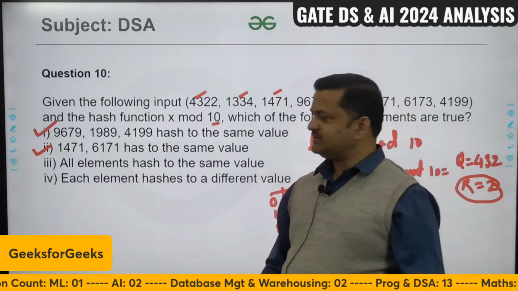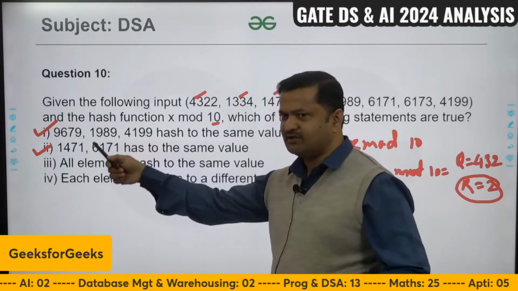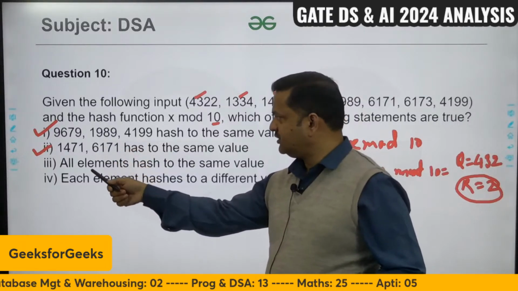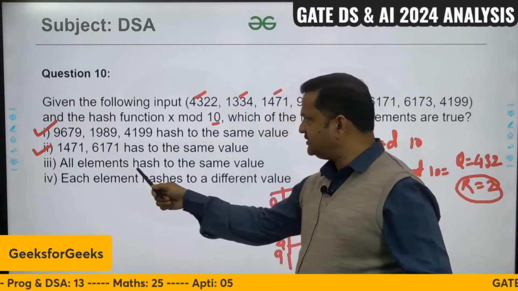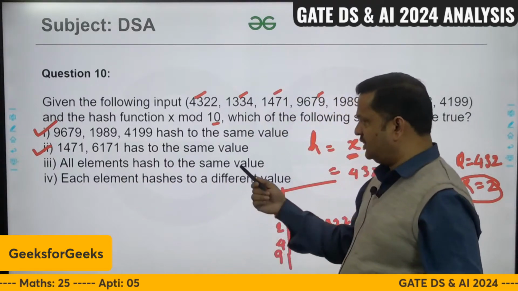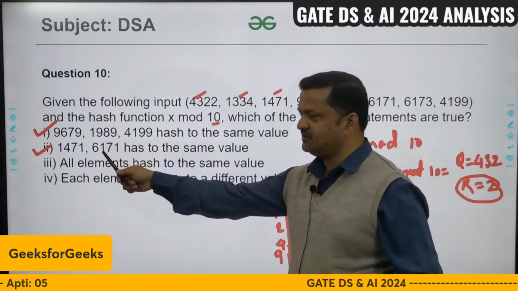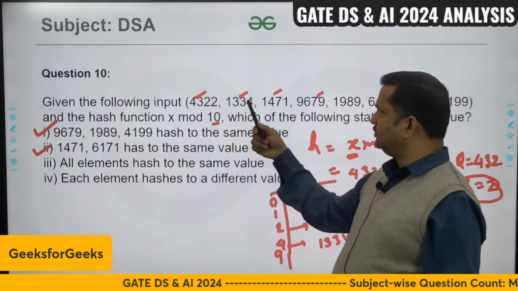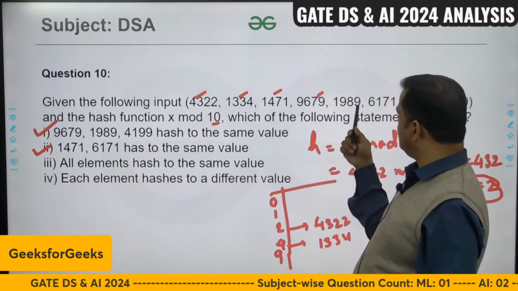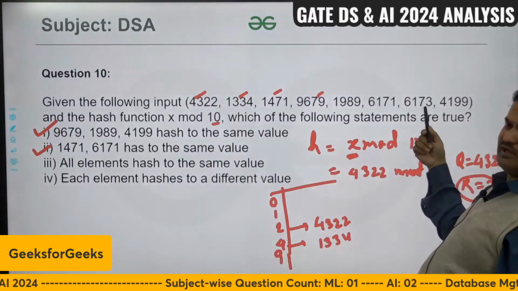Okay, and since these elements do not all have the same index, option 3 cannot be the correct one, because it is saying that all the elements hash to the same index value. That is not true, because one is indexed at 9, one is indexed at 1, another is indexed at 2, this is indexed at 4, and this one is indexed at 3.